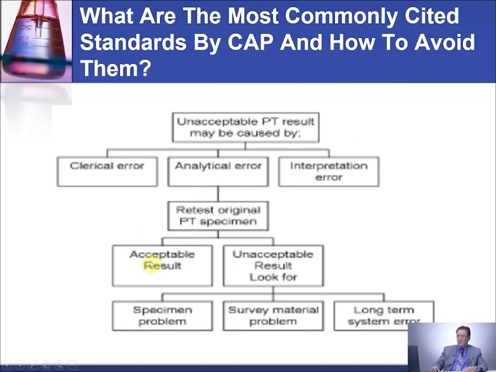If you get an acceptable result, just call it a random error and just sign and file. You're all done. If you still get an unacceptable result, you need to check for specimen problem, survey material problem, long-term system error, like I will show you on the next slides.